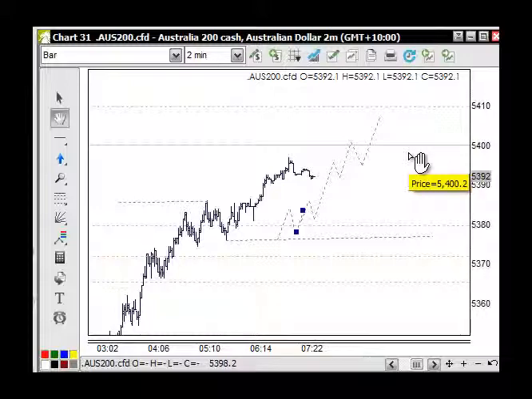Most of the volume in the Australian market would be in by 11:15, and then it's quiet for that period, but you'll have that China news coming out at 1 o'clock, and then the volume starts to come back in from around 2:30 to 3, and you have that afternoon session.